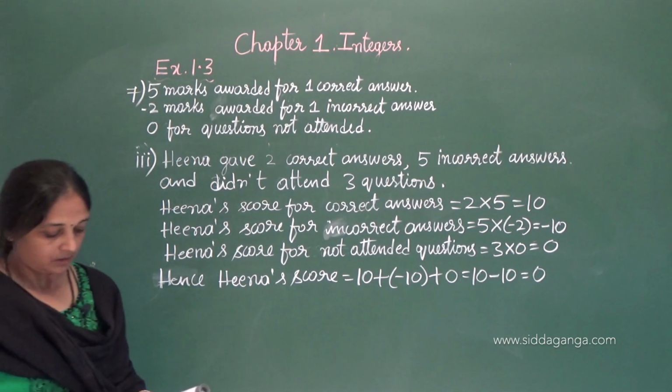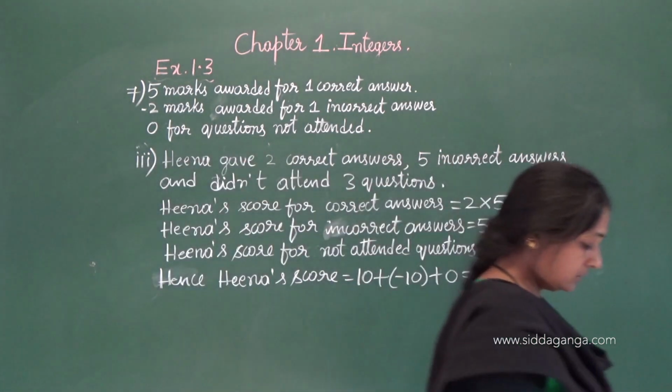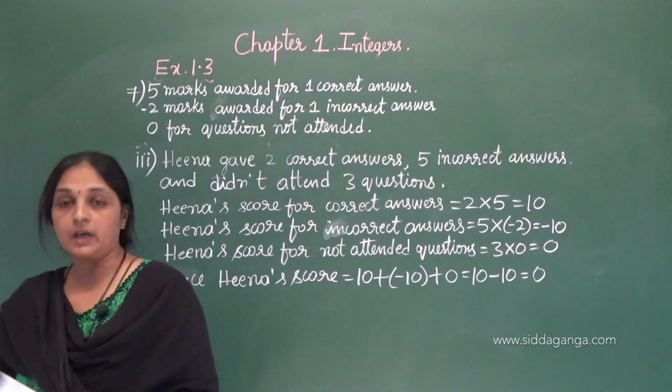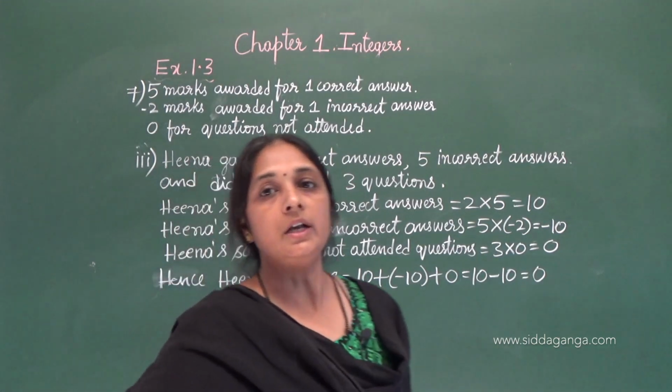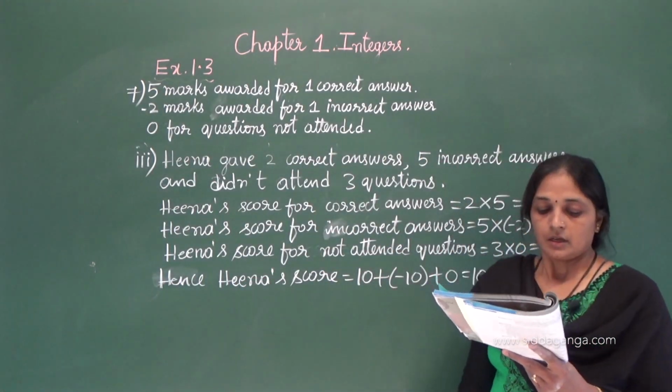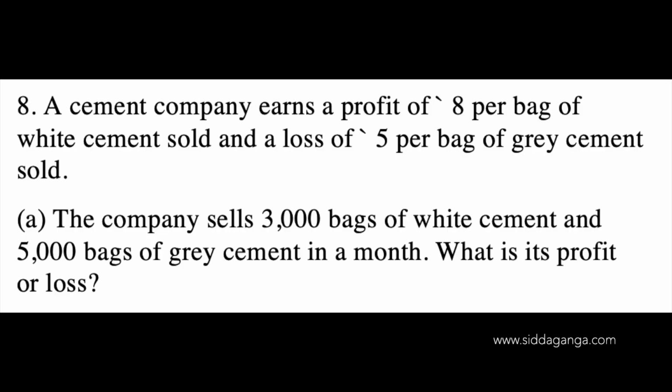Okay. So go to the 8th one. I read the question, so listen to me. A cement company earns a profit of rupees 8 per bag of white cement sold and a loss of rupees 5 per bag of grey cement sold.